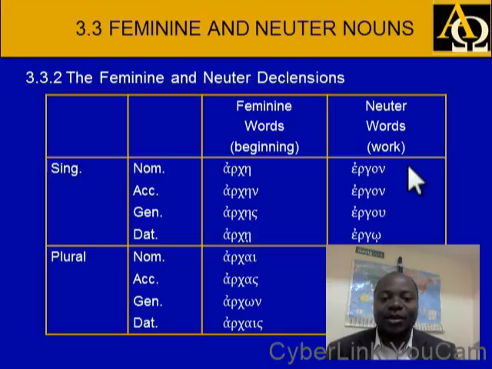What you must note about the neuter nouns is that in the genitive and the dative, either singular or plural, they always look like the masculine nouns. So take note of that.